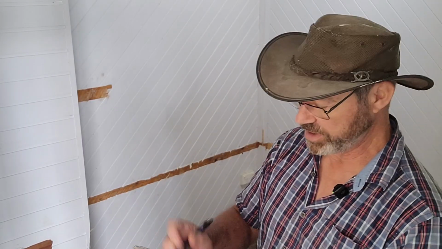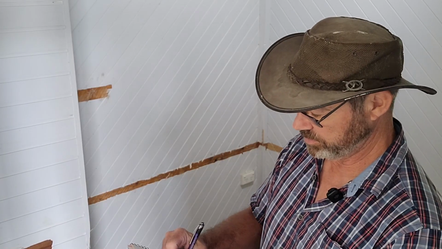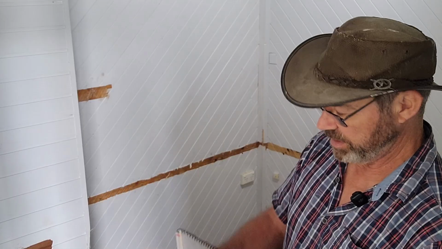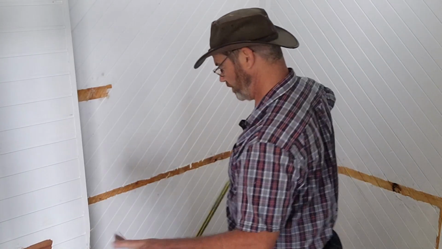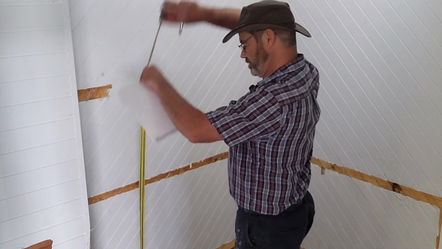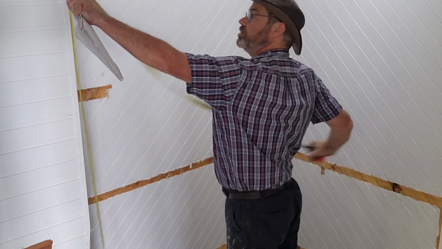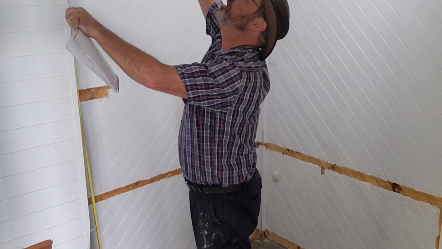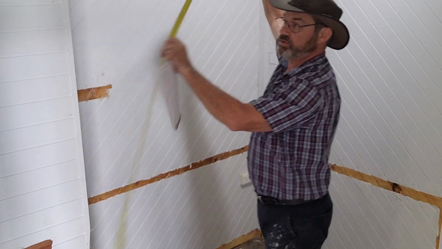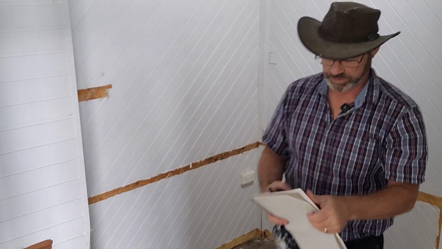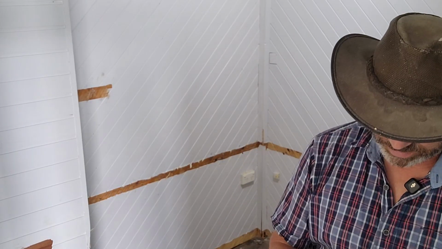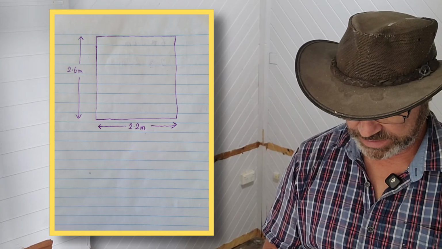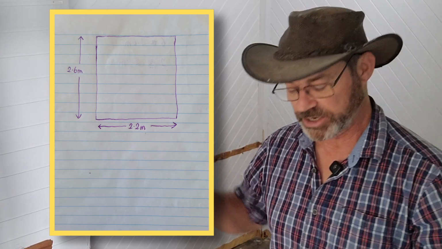I'd usually do a diagram. 2.2 meters wide, and the height is 2.6 meters high. The standard height of a ceiling is 2.4. Our ceilings are a little bit higher than that.